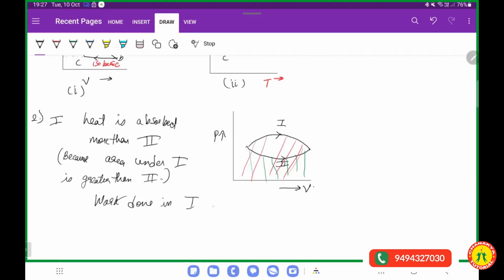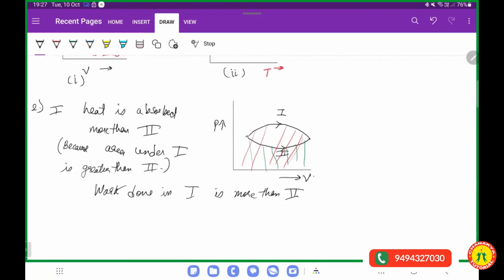In 1 it is more than 2. But one thing is important here, let's say, star mark.